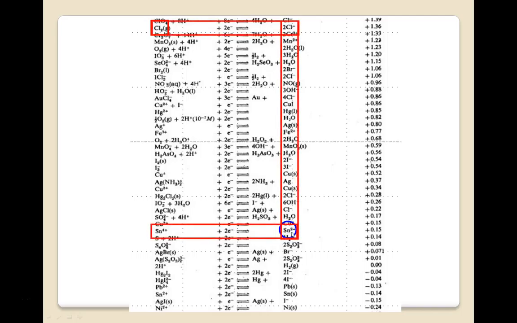There is another tin 2+ down here. However, it's on the left and not on the right. So reducing tin 2+ to the tin metal won't work with chlorine, but tin 2+ will be oxidized by chlorine to form tin 4+. That's the end of this lesson.